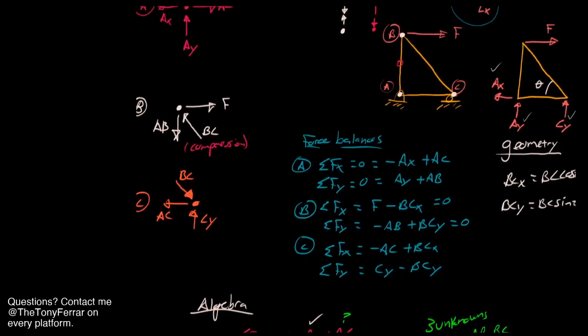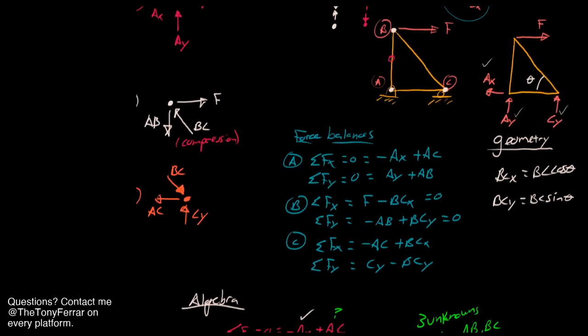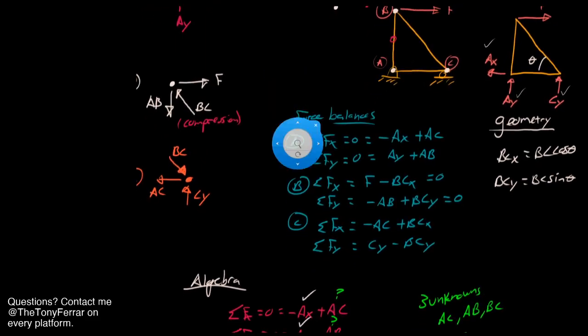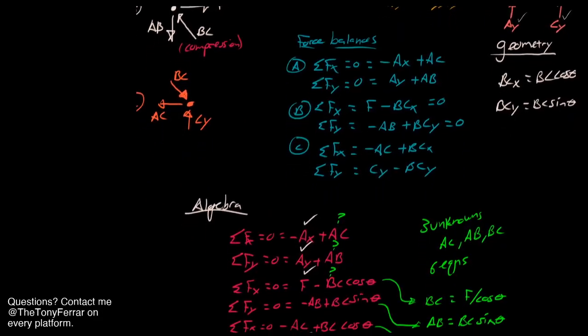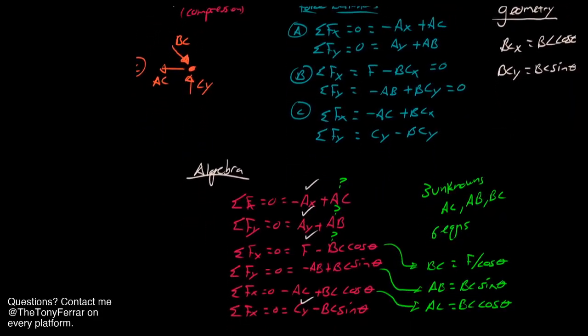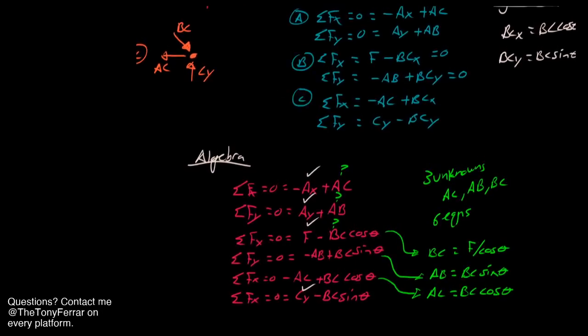And then from there we do the geometry needed to break anything into its components. Lastly, we have now a system of equations where we have 2 equations for each of the nodes. And you'll see that we can now write the sum of forces like so, and we can start looking to see which ones we could solve based on how many unknowns are sitting in them, and eventually work out all of the unknown forces in all of the members.